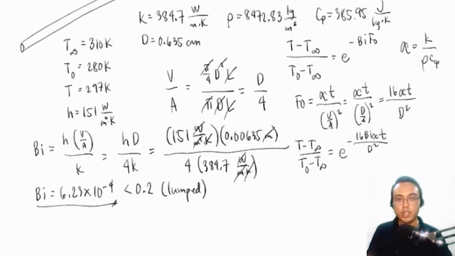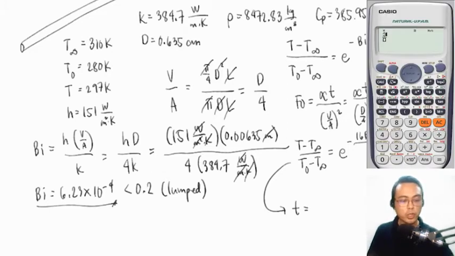And with that, we can now substitute everything to our temperature profile in order for us to determine how long it would take to increase our temperature. Okay, let's substitute. That is final temperature 297 minus surrounding temperature 310, over initial temperature 280 minus 310, that is equal to e raised to negative 16 times the Biot number, 6.23 times 10 raised to negative 4, times alpha.